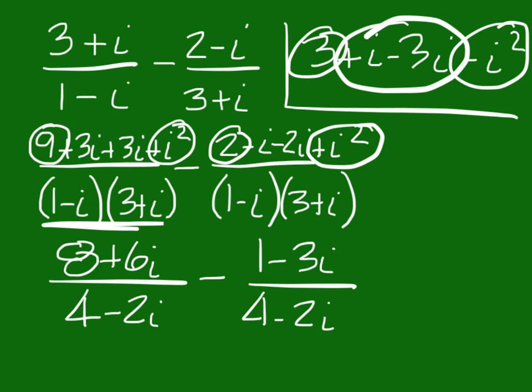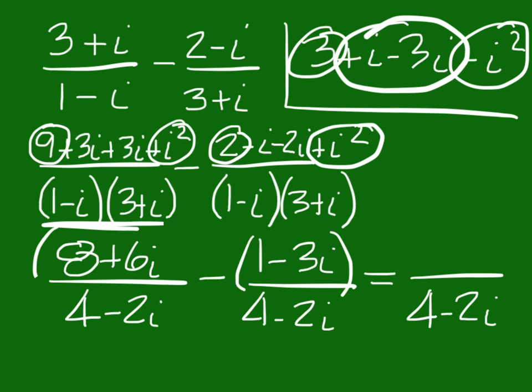Now we have to do some subtraction. So the denominator stays 4 minus 2i, and you're going to have to do this as a quantity. So instead of 8 and this quantity minus this, you have to think of it as 8 minus a 1, which is a 7.